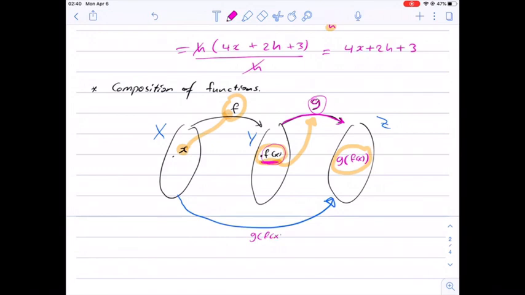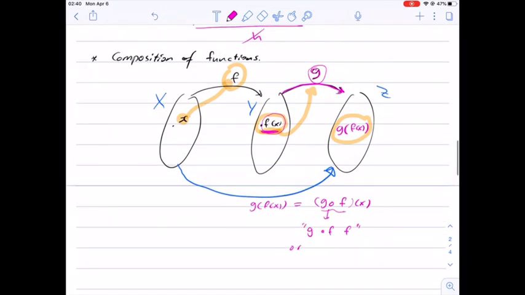This is g of f of x, or we use the following notation: g circle f of x, where this is read g of f, or g compose f.